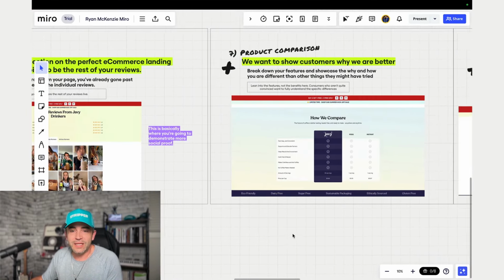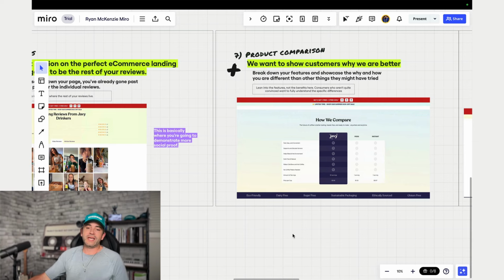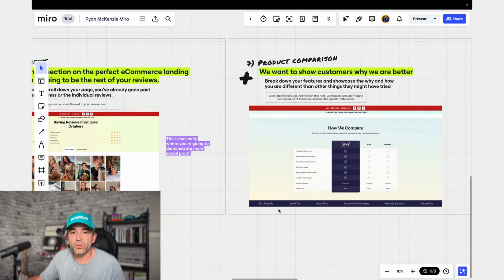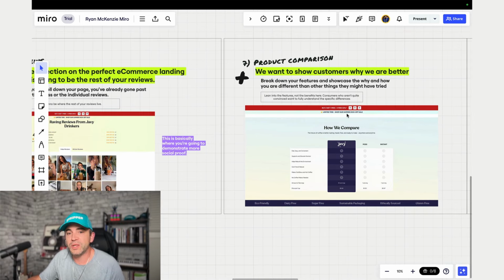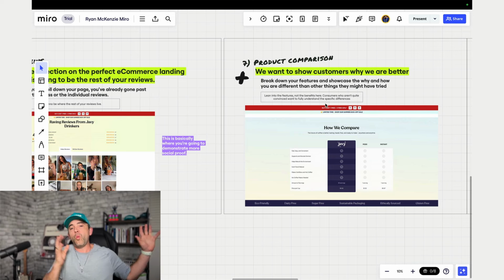The next thing we have is really going to cater to the product aware level, which is somewhere between the adult and the parent. What we're trying to do here is showcase why our product is better than the competitors.